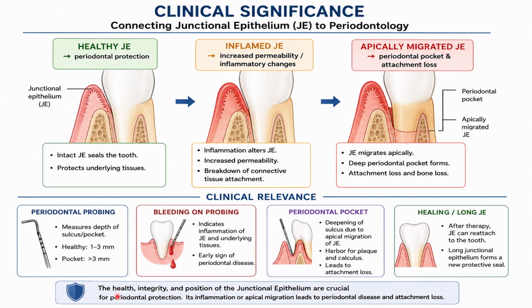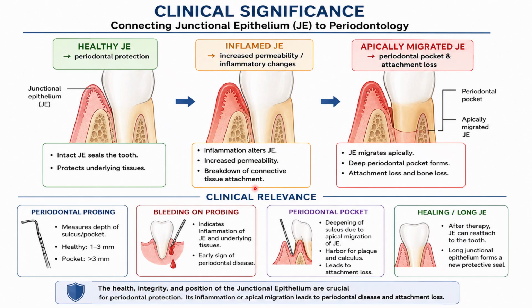So now let's understand the clinical significance of the junctional epithelium. Healthy junctional epithelium provides periodontal protection by sealing the tooth, and on periodontal probing, the pocket depth will be less than 3 mm. The inflamed junctional epithelium will lead to increased permeability and inflammatory changes, and also breakdown of connective tissue attachment.